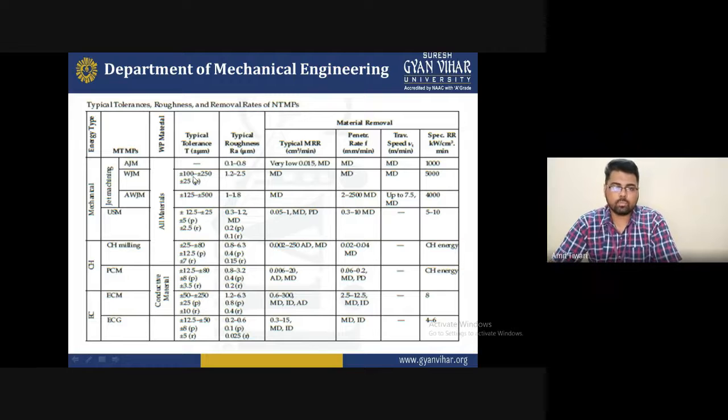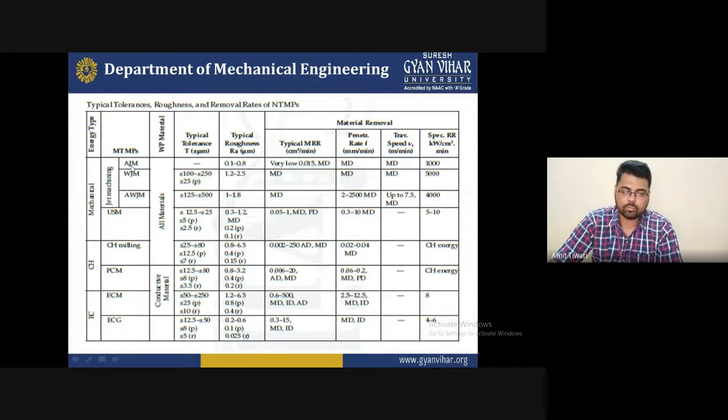What we do basically in this table is classify the ranges: what type of energy we require, what type of mechanical machining we use, and what structure will be provided for the materials.